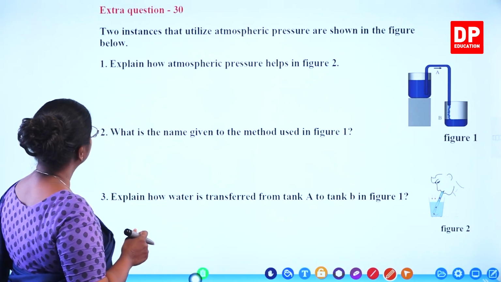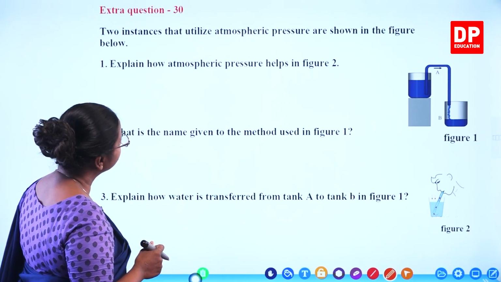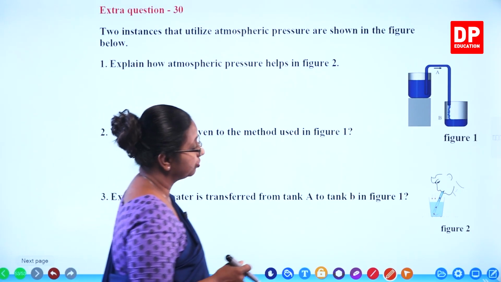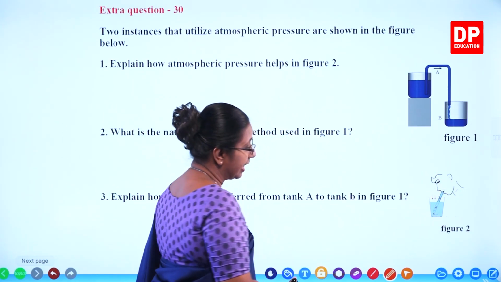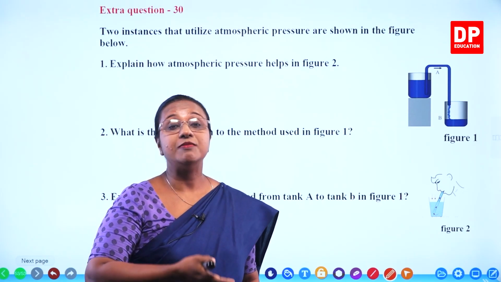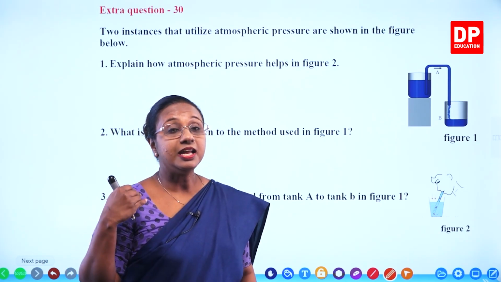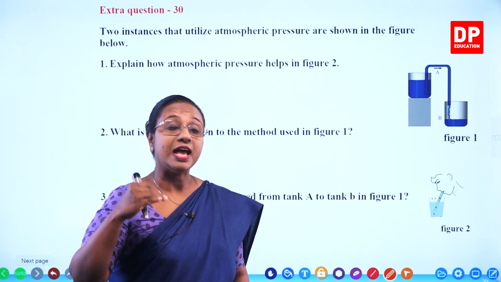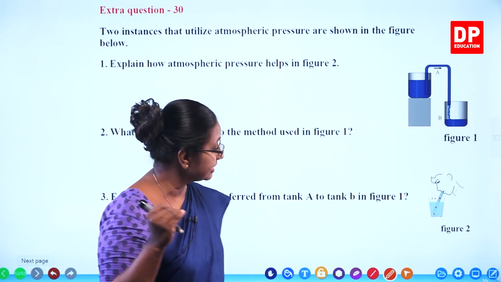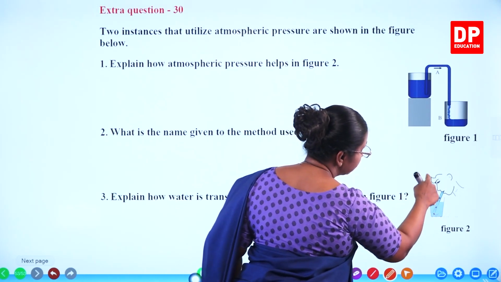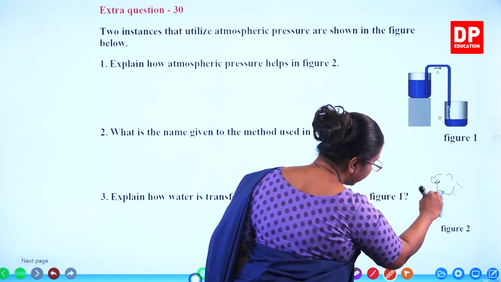So we'll look at the questions. Explain how atmospheric pressure helps in figure 2. You can remember, students, when we suck the air through the straw, the air enters into our mouth. Because of that, the pressure inside the straw is less. At the same time, the atmospheric pressure is pushing the water down.